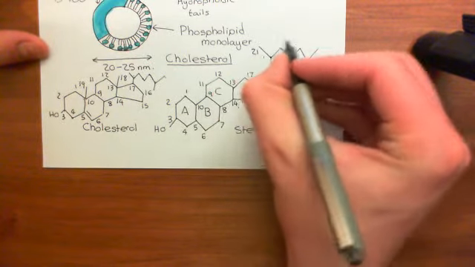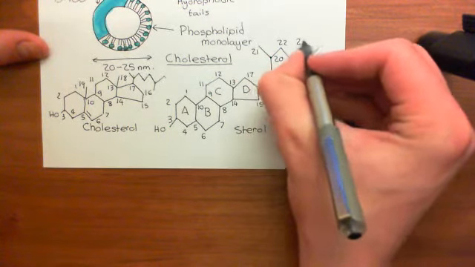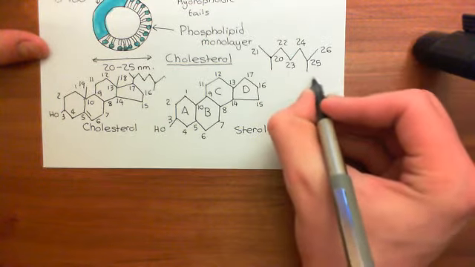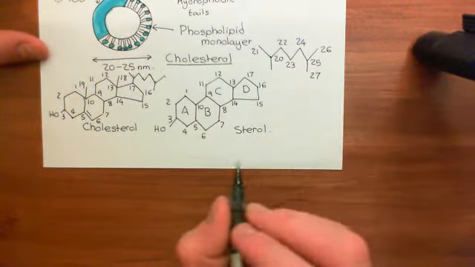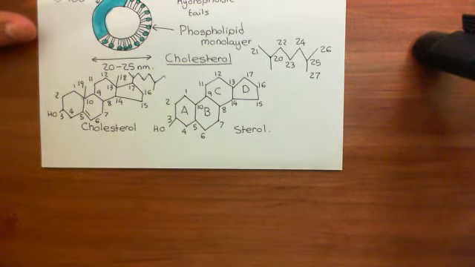This one then is 21. This one is 22. This one is 23. This one is 24. This one is 25. This one is 26. And this one is 27, like so. Okay, so that's the naming of the additional carbons that are in the cholesterol structure that were not in the original sterol or steroid structure.